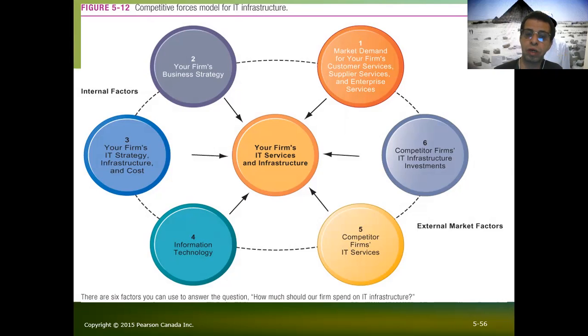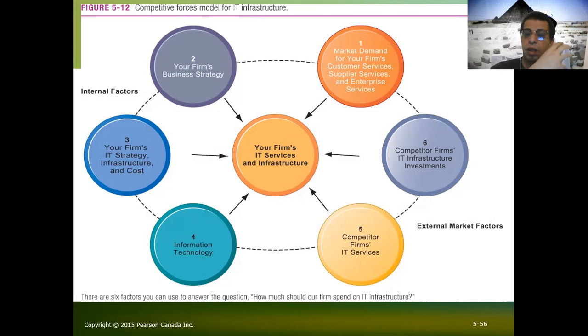The third thing that influences the firm is the firm's IT strategy. There are goals that you need, and there is a business plan strategy built according to that strategy, and then the IT business plan driven from that, which is the IT strategy, infrastructure, and cost.